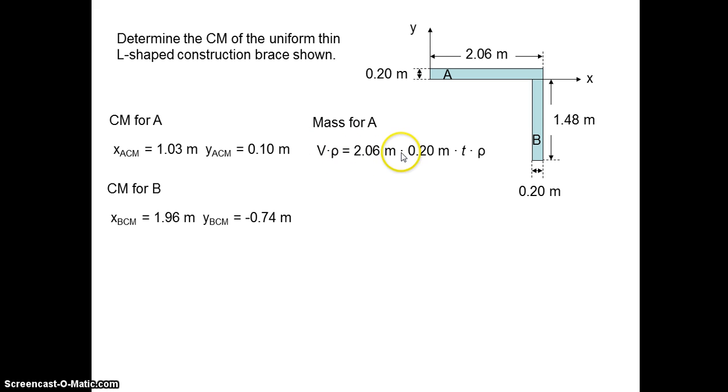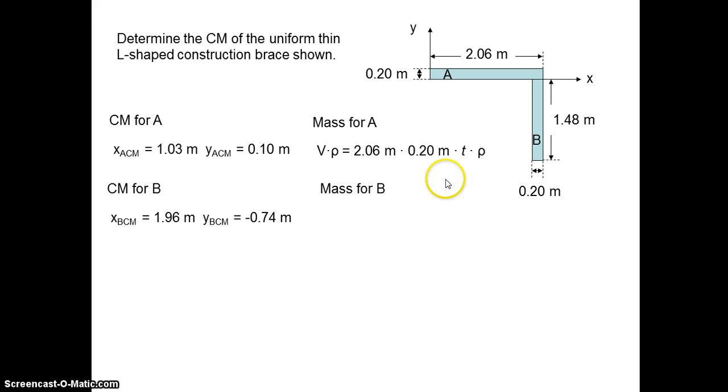Well, you multiply all the dimensions together. 2.06 times 0.2 times the thickness of this thing. That's what the T stands for. I don't know the thickness. I don't know the density. Two unknowns. That's usually a little bit bothersome for students, but trust me, you'll see in a little bit that it goes away. Let's do the same thing for mass B.